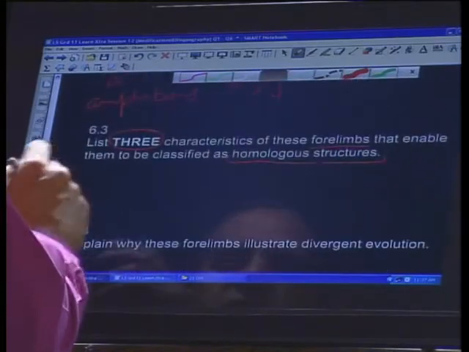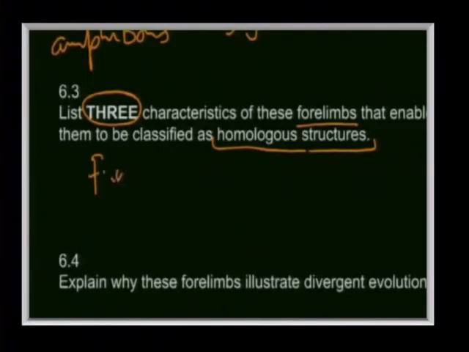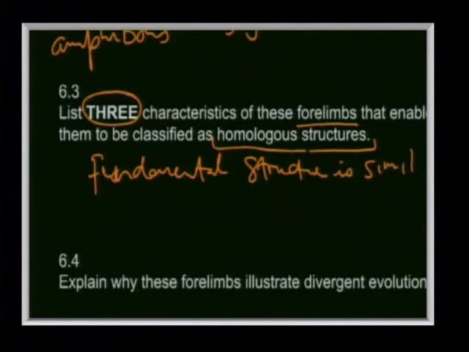So if you look at the 3 characteristics, the one would of course be that the fundamental structure is similar. Another aspect is that it has the same bones. If we're looking at the limbs, it would have these same bones, and then of course they would be in the same position.